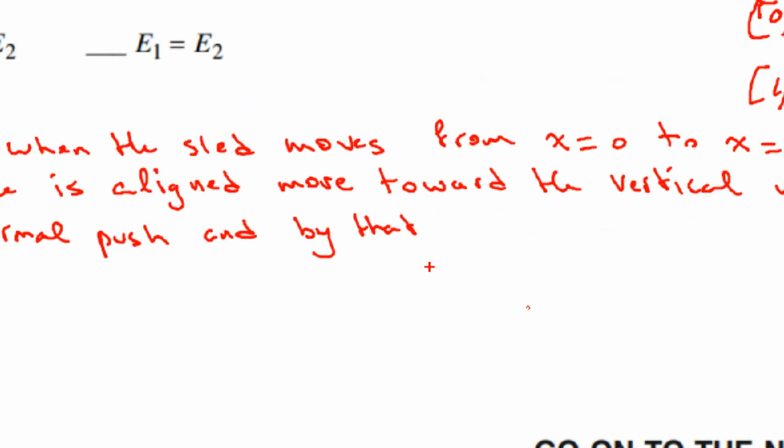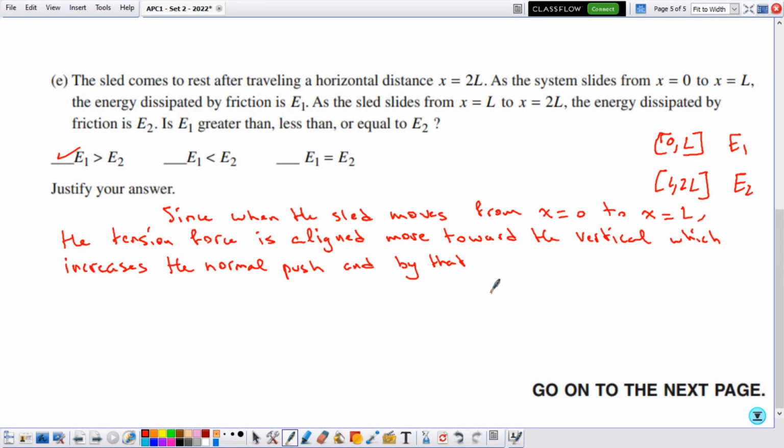Why? Because remember that friction equals mu k Fn. As we increase the normal push, the friction will directly increase. By that, the friction increases, and whenever friction is greater, this means the energy dissipated is greater.